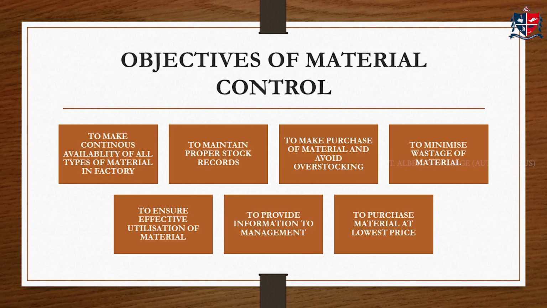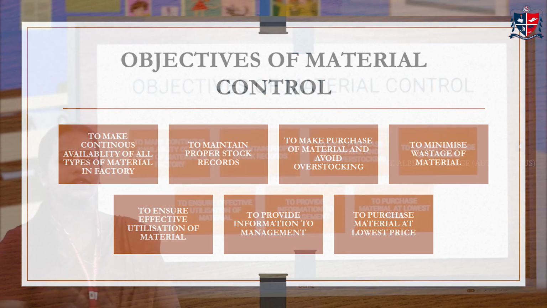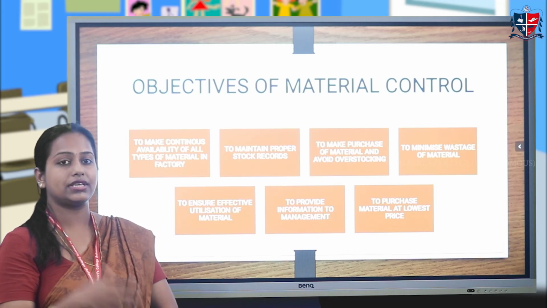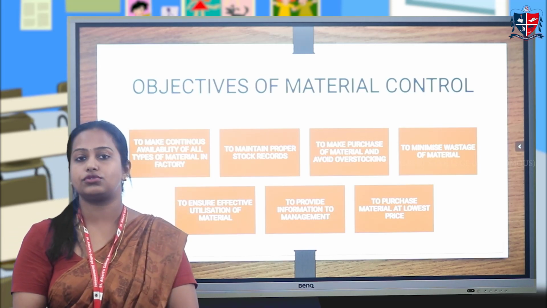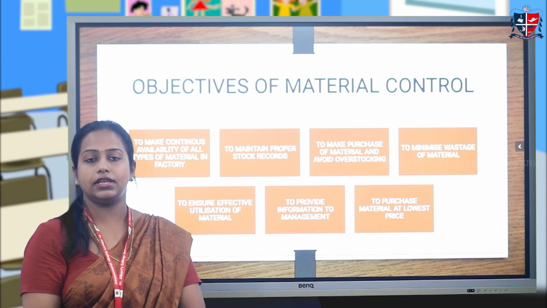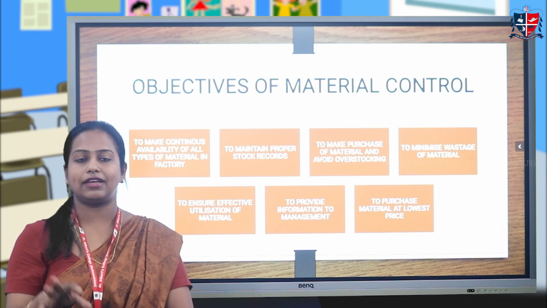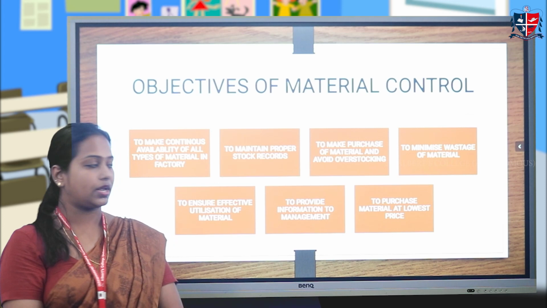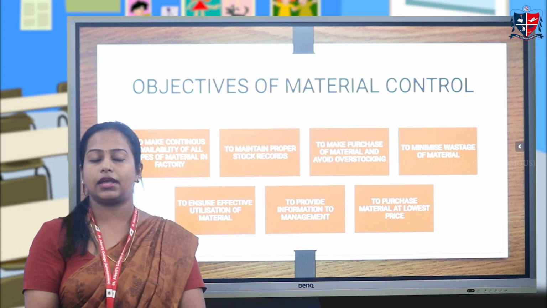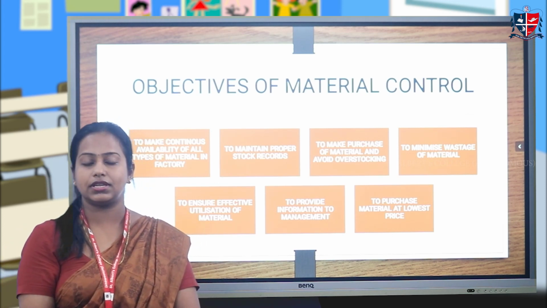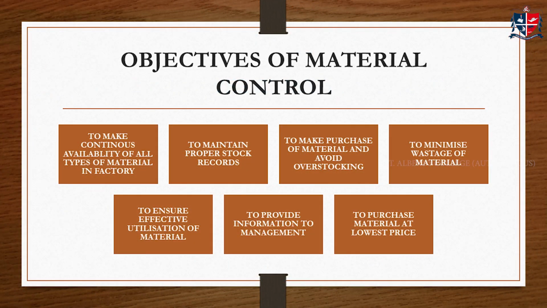The objectives of material control: it gives information to the management regarding the levels of materials available in the organization, it helps in purchasing materials at a reasonable cost, it helps in minimizing the wastage of materials, and it ensures continuous availability of materials. These are some of the objectives of material control.